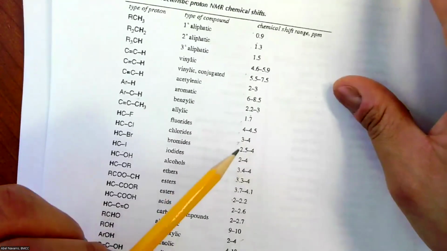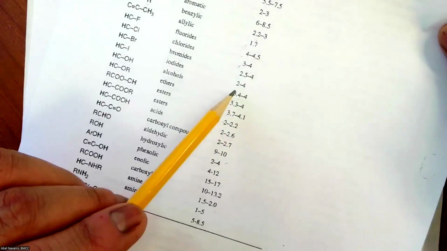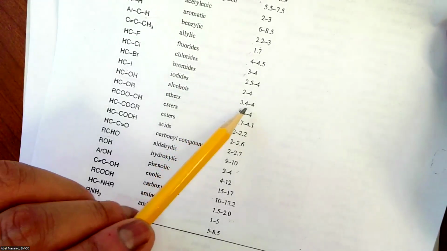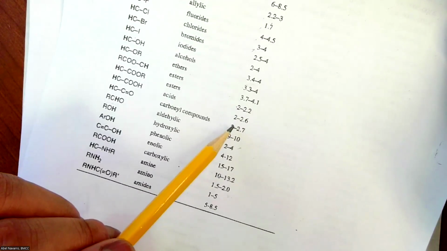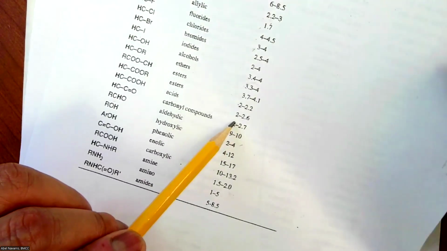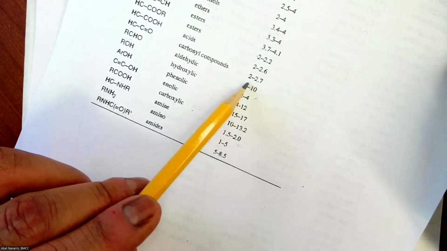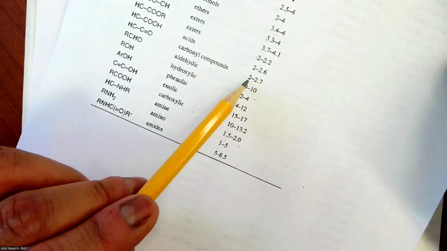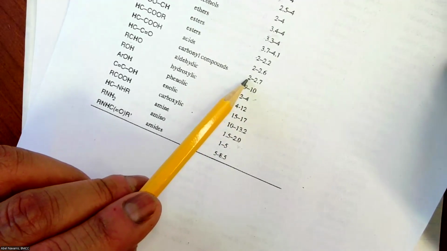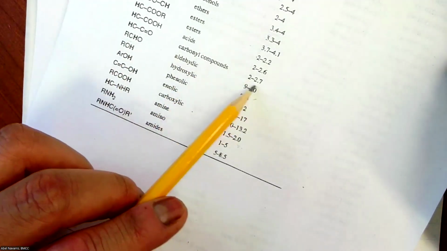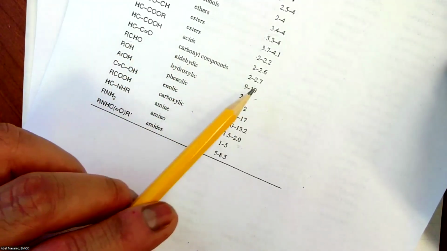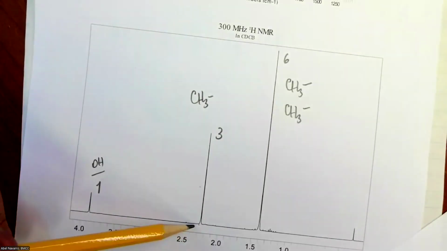Bromide, no. Iodide, no. Alcohol, no. Ester, no, I don't have an ester. Acids, I don't have an acid. Carbonyl compound, 2 to 2.7. Yeah, that works, right? The CH next to a COO is 2.7, which is that one.